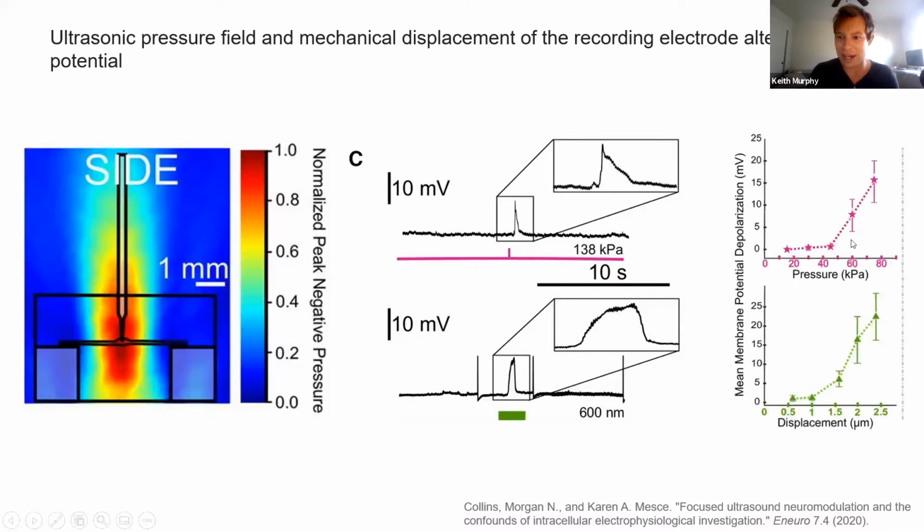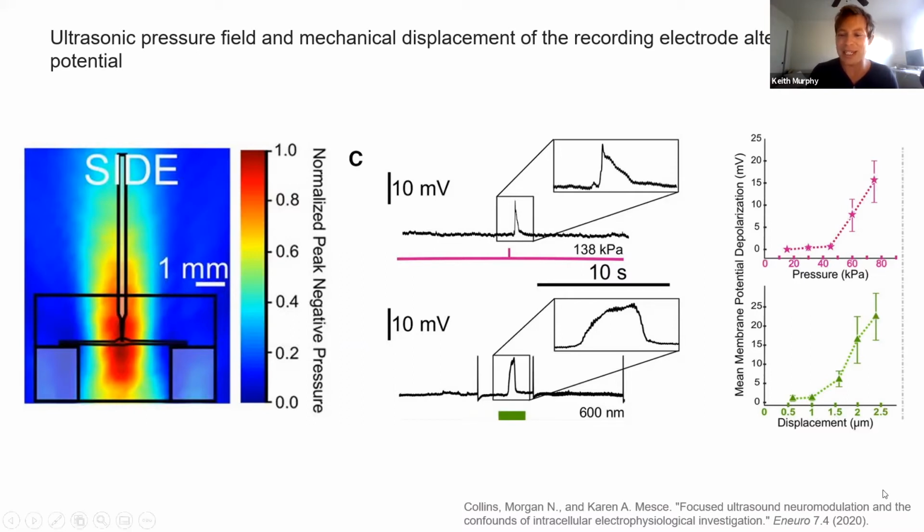That's quantified on the right here. As pressure is increased for the short pulse, you get depolarization of about 20 millivolts, and by displacing by some amount of microns, you can get an extremely similar effect.